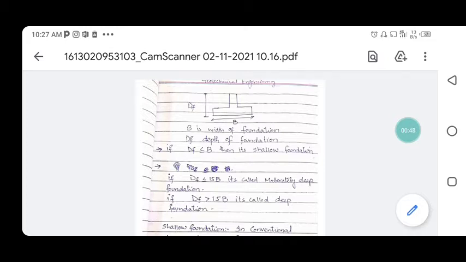Failure may be in the form of settlement or in the form of shear. So the quality of soil also decides the width, thickness and type of your foundation.